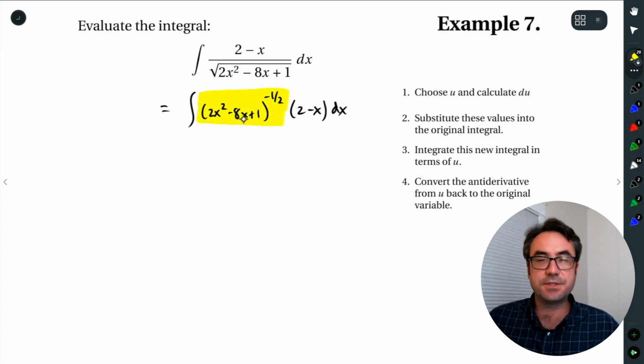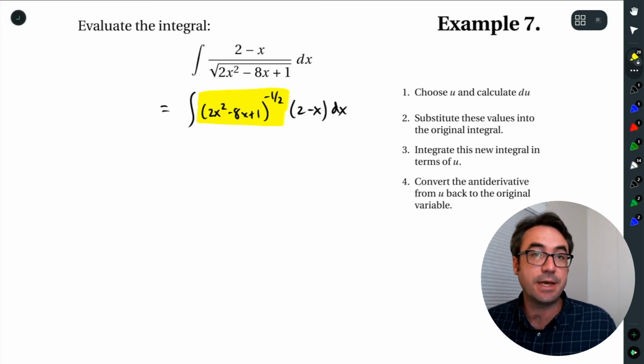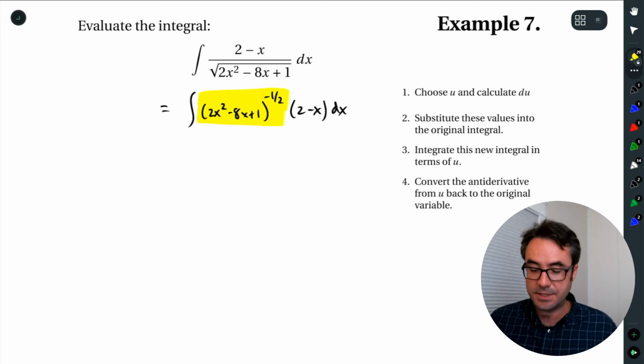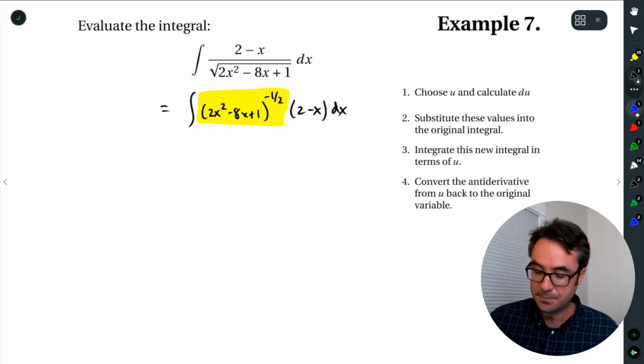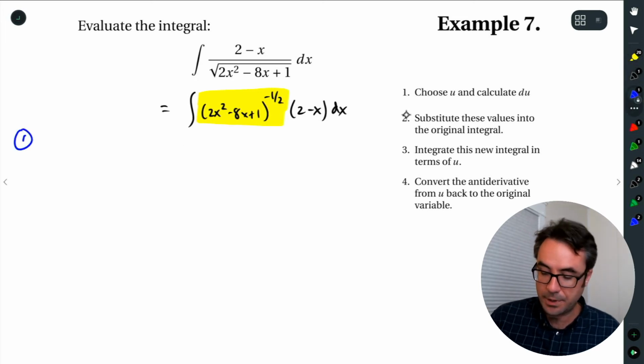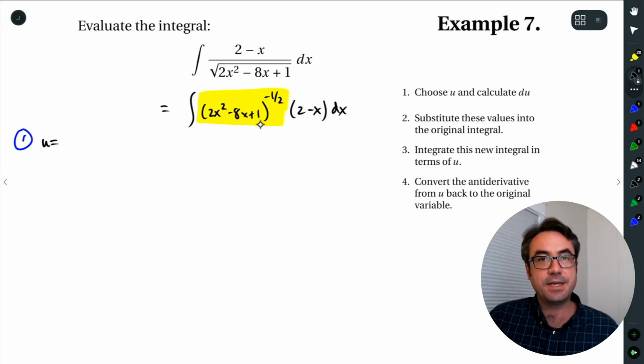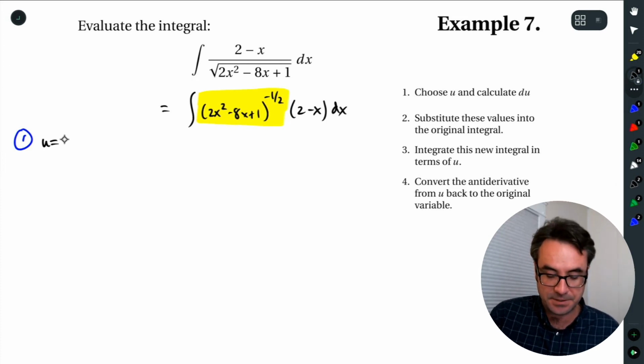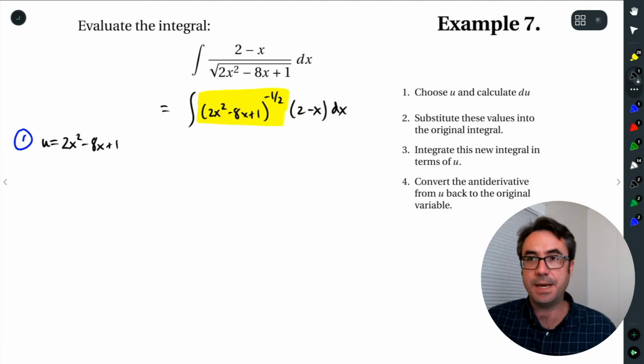We also have this 2 minus x, but I would think this is the more complicated. And if we see parentheses, normally what happens is we let u equal the inner function, what's inside the parentheses. So step 1, what are we going to pick for u? Well, that 2x squared minus 8x plus 1. It's inside the parentheses. Okay, not too bad.